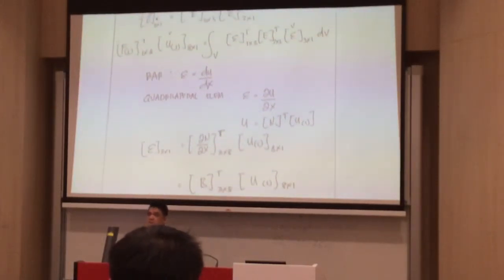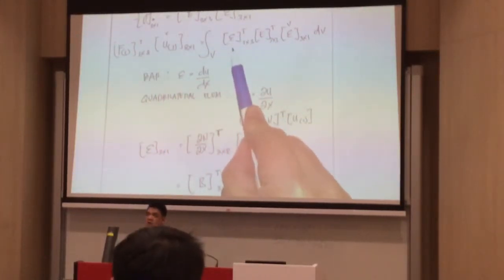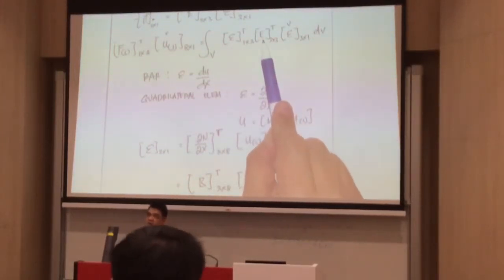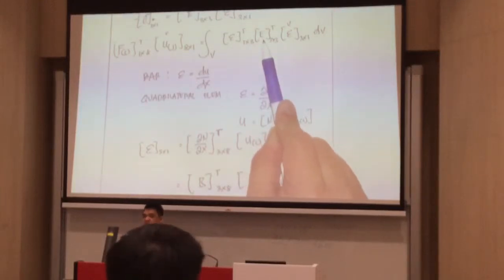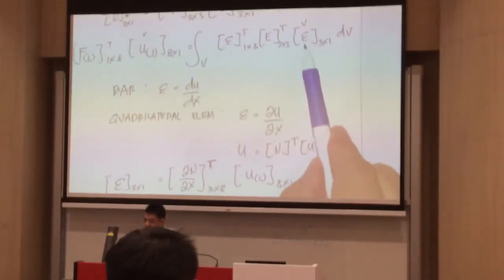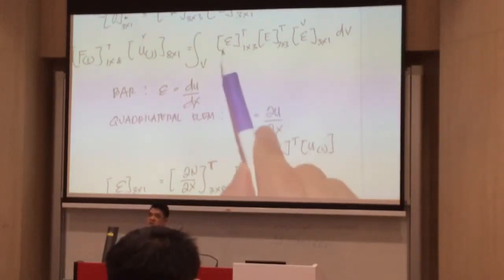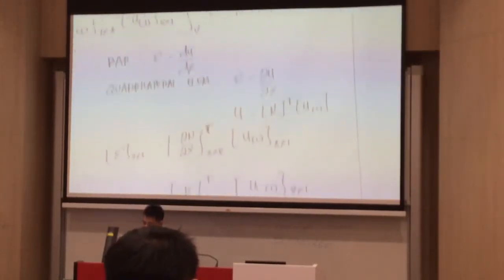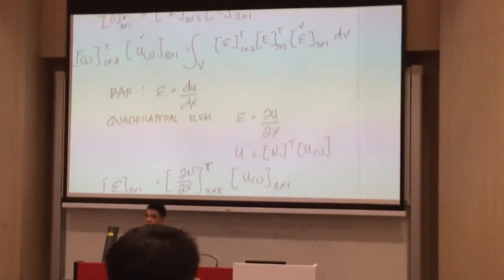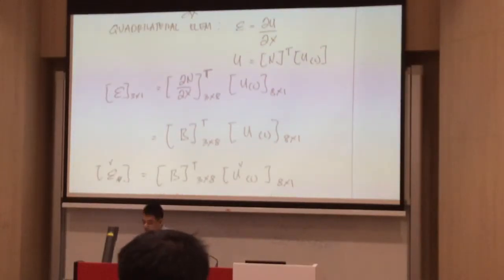So have a look. We got an expression for this one already. So this one we can simply have as plane stress or plane strain. Of course, this one is B multiplied by your displacement, while this virtual one will be B multiplied by that virtual displacement.